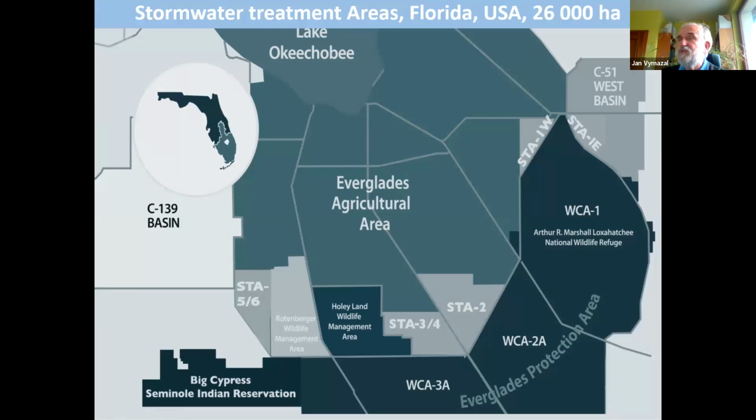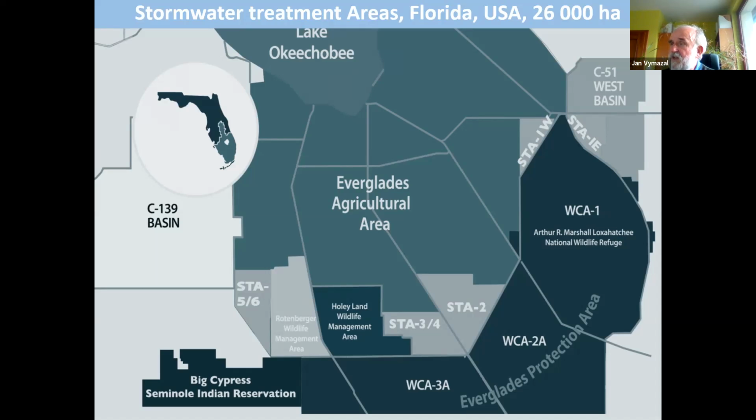A few examples. I think that one of the most well-known constructed wetlands for agricultural runoff are the stormwater treatment areas in the Florida Everglades. As you may know, during the 20th century, about one third of the former Everglades in the north were drained and converted mostly into sugarcane fields, which are very heavily fertilized, and the runoff, especially phosphorus, causes a lot of eutrophication in the so-called water conservation areas and even in the Everglades National Park.